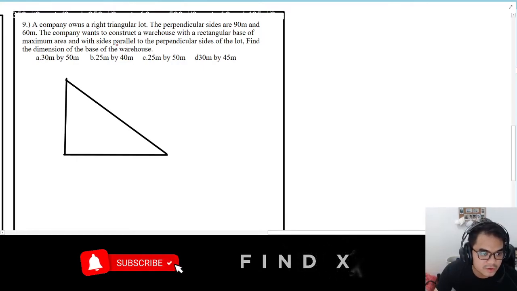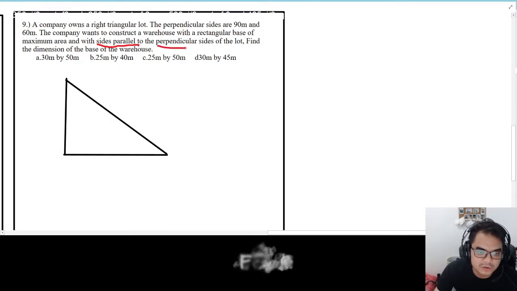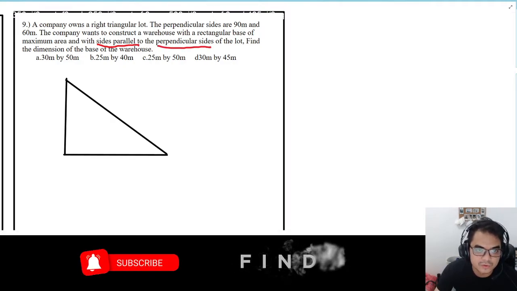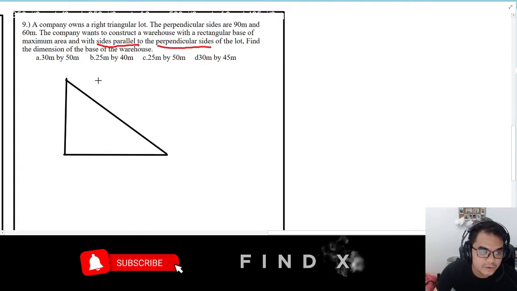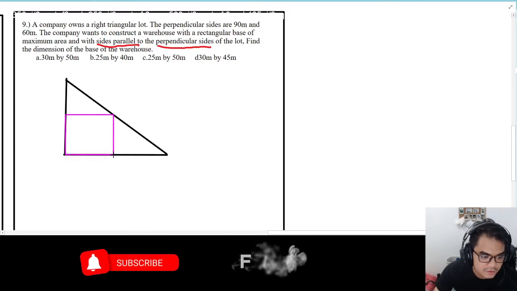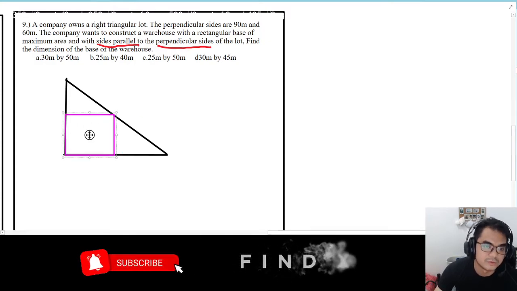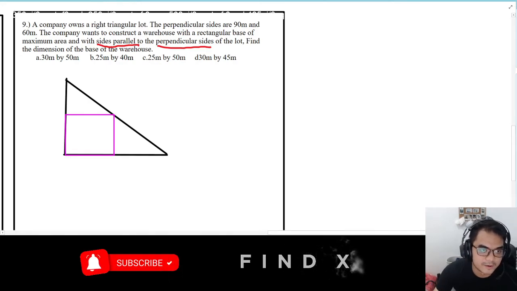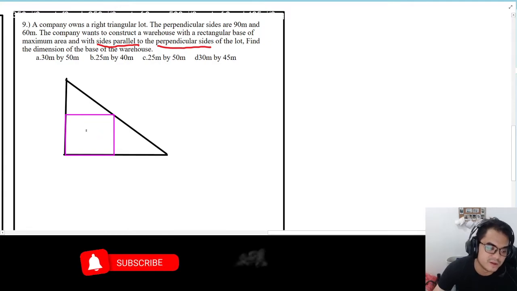But it also says here that the sides of the rectangle must be parallel to the perpendicular sides of the lot. So therefore, it should be something like this, right? There you go. So that will be your rectangular area that must be maximized.